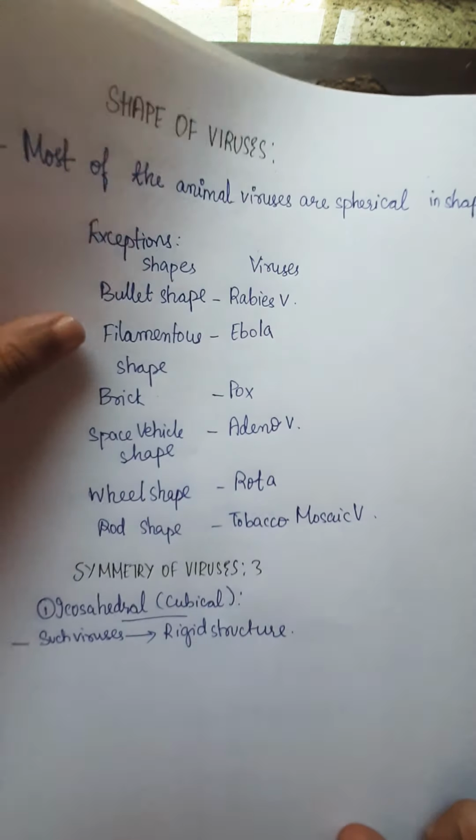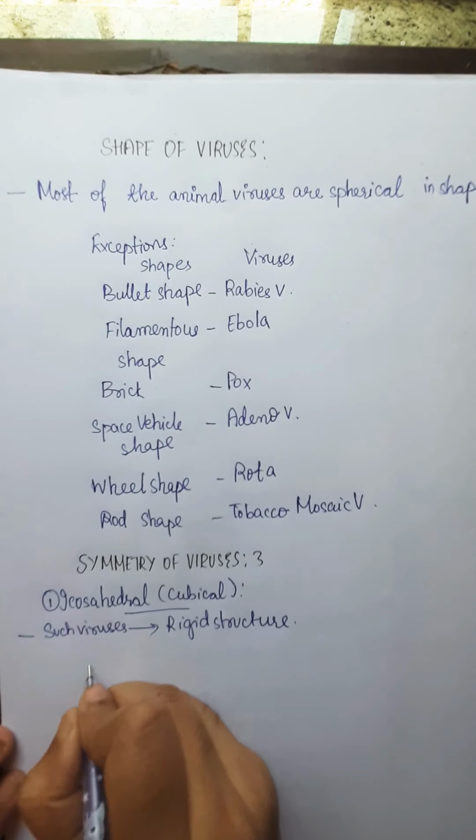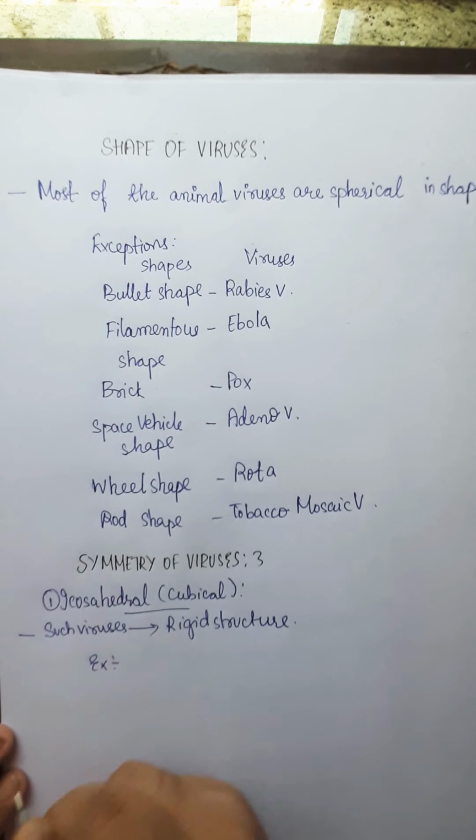Viruses that are smaller than 50 nanometer may appear spherical under the electron microscope. Remember, the viruses which are smaller than 50 nanometer appear spherical in the electron microscope. Now seeing the examples of the viruses which have the icosahedral symmetry.